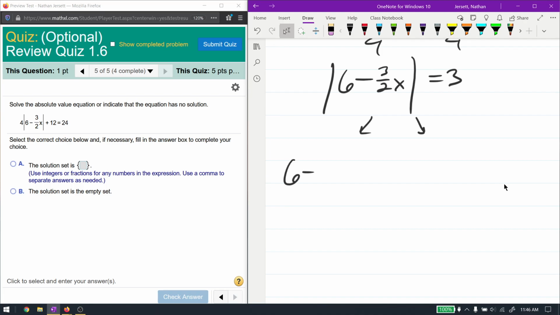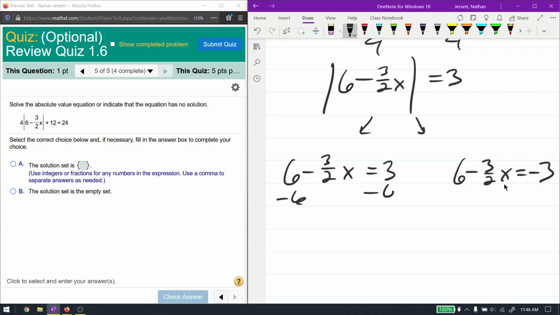So we have 6 minus 3 over 2x equals positive 3, and 6 minus 3 over 2x equals negative 3. Okay, now we can solve this. Subtract 6. It's really the same process for both equations, so I can just do them at the same time. Negative 9.